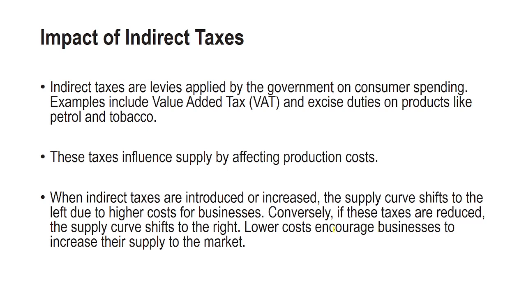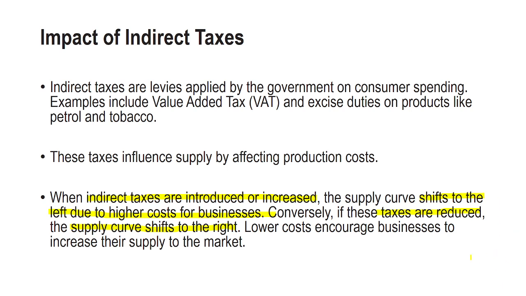When the indirect tax is increased or introduced, the supply curve shifts to the left because supply decreases. Conversely, if this tax is reduced, the supply curve shifts to the right because supply increases when the tax is reduced.